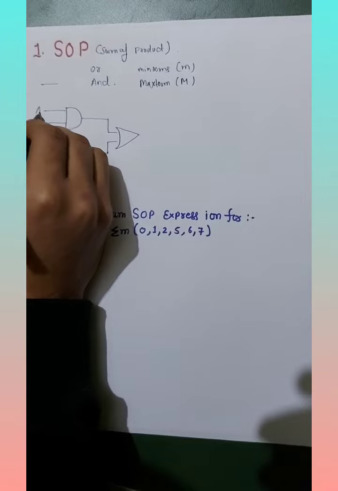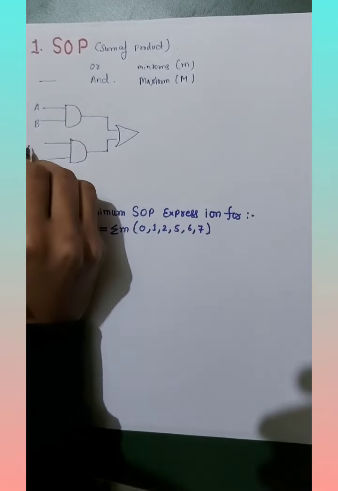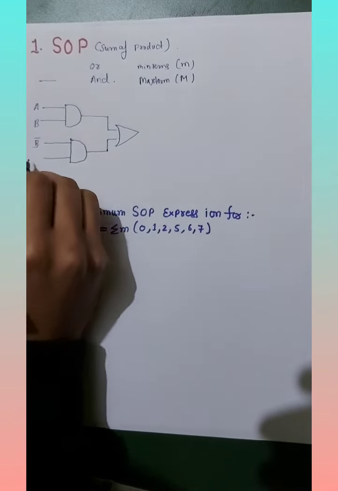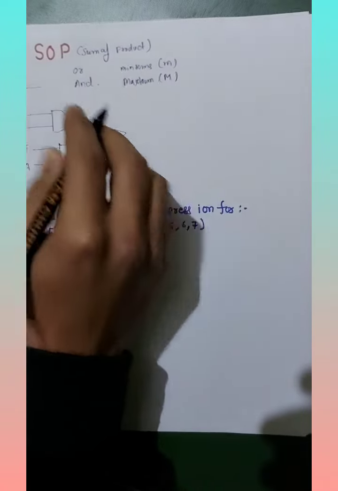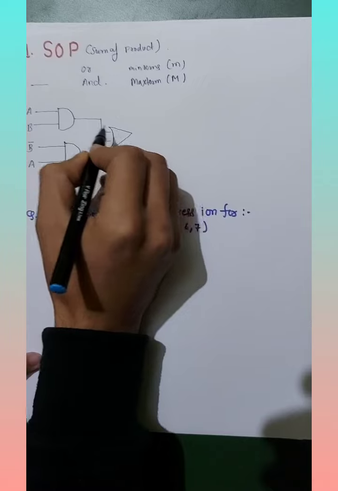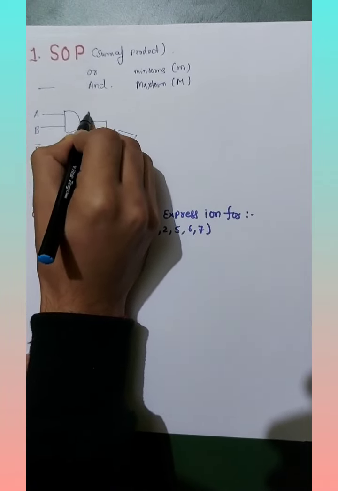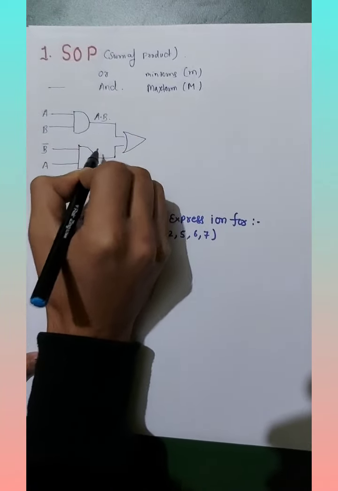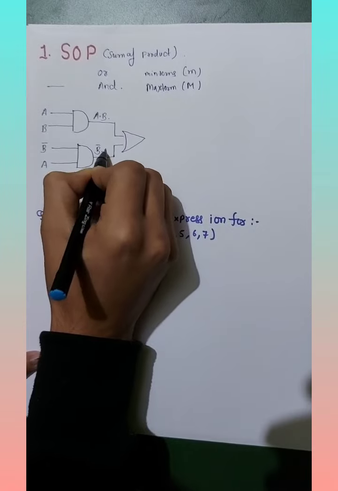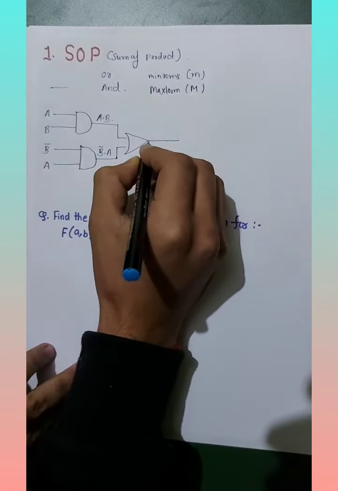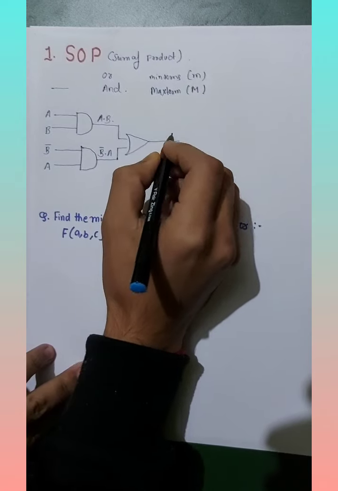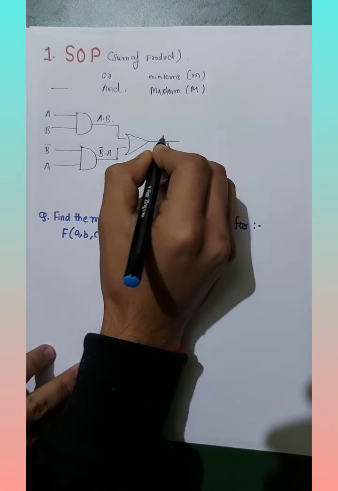The inputs are A and B, and B bar and A. So for the AND operation, we know that AND is denoted by A dot B, so B bar dot A. And for the OR operation, we saw in the previous slide that it is represented by addition.